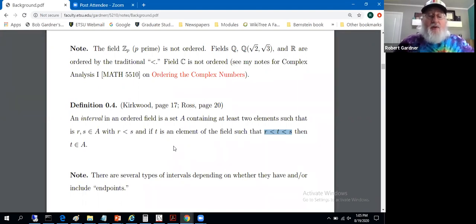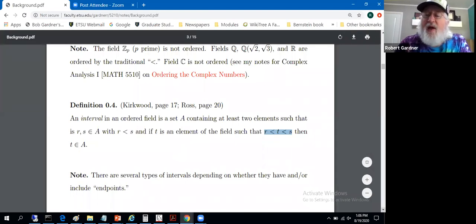I've got an interval if it's a set that contains more than two numbers, and for any two numbers in the set, everything in between them is in the set. And that's what this is saying. Any two numbers R and S, if T is between them, then it's also in that set. That's what an interval is.